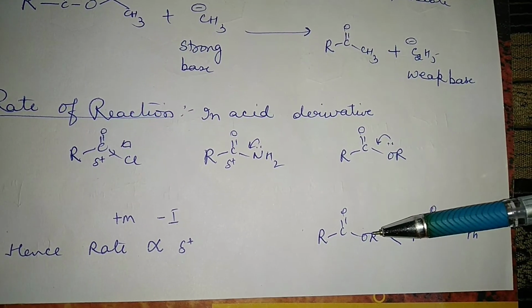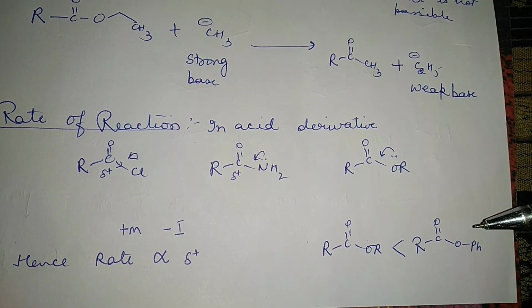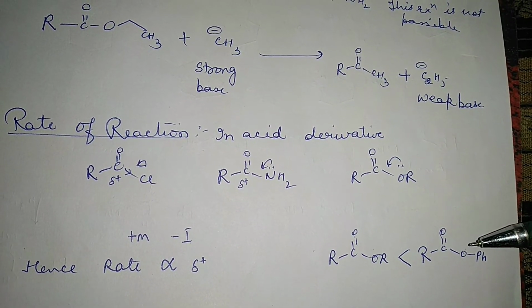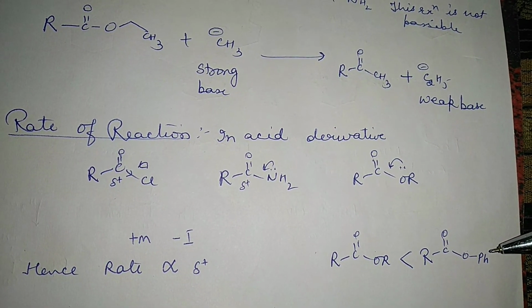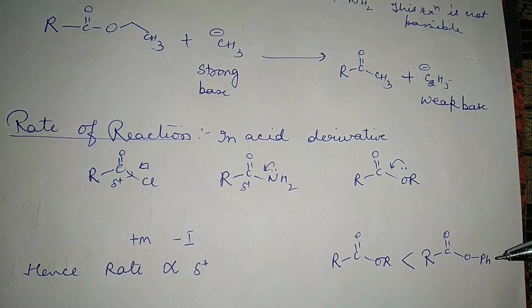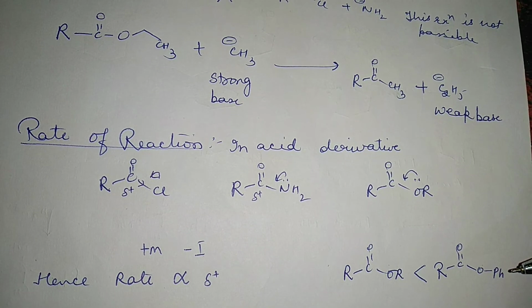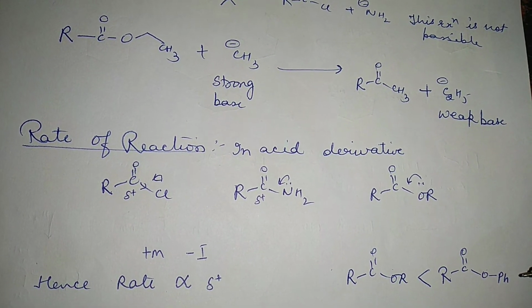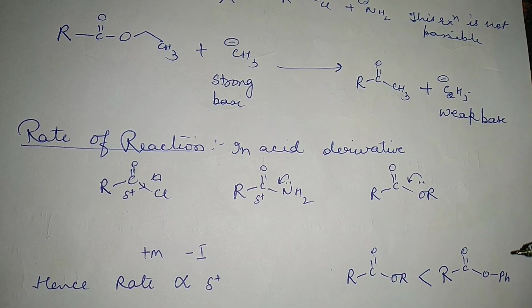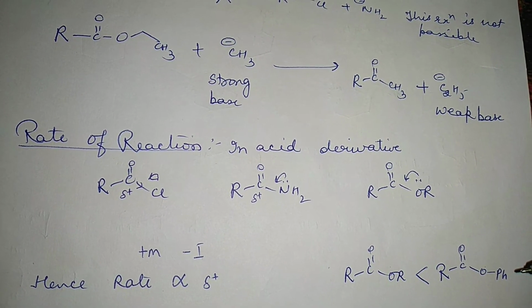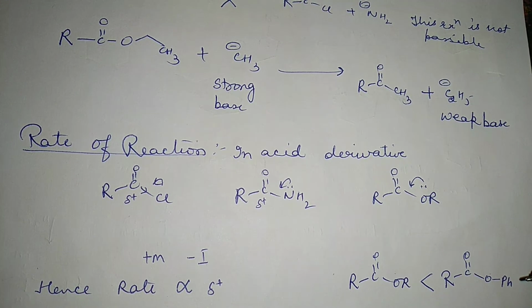Here you can see I have given an example of two esters. This one is RCOR, however this one is RCO phenyl group. As we all know, the phenyl group itself acts as a source of electrons, because there are double bonds on the phenyl group. Benzene ring पे हमारे double bond होता है. So basically the benzene ring is a source of an electron pair, and it acts as a nucleophile.